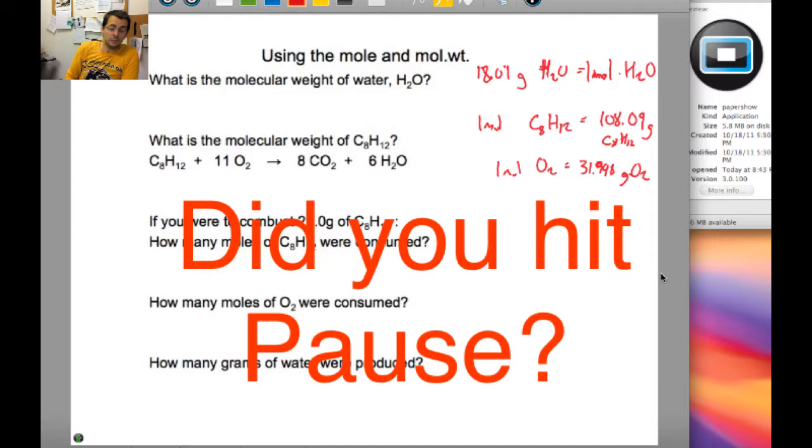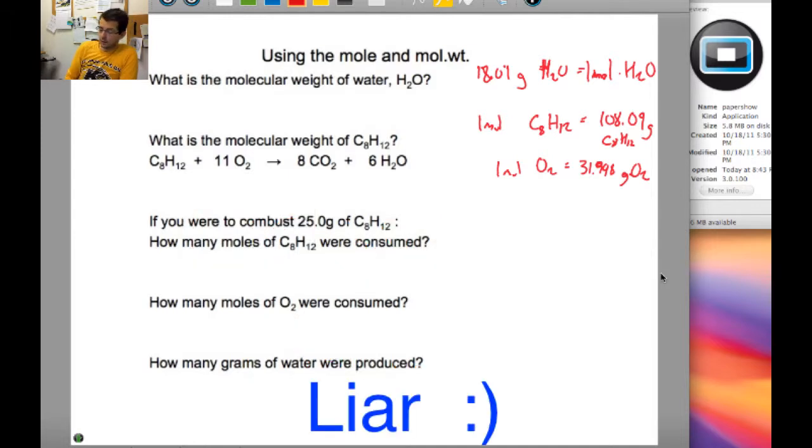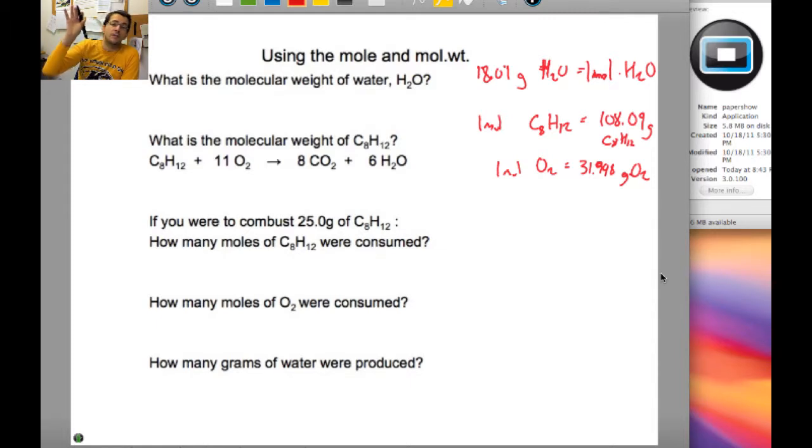So using our addition skills, we can come up with these values. This relates the mass of C8H12 and the mass of oxygen to a mole of oxygen, a mole of C8H12. You go into the lab, you weigh out 31.898, roughly 32 grams of O2, you have a mole of O2. You know that.